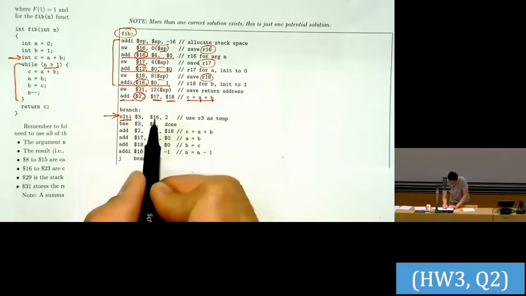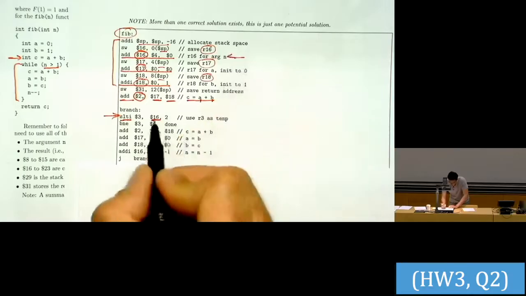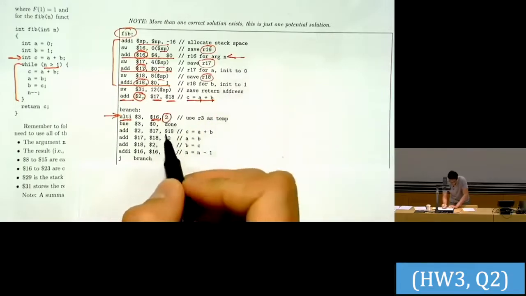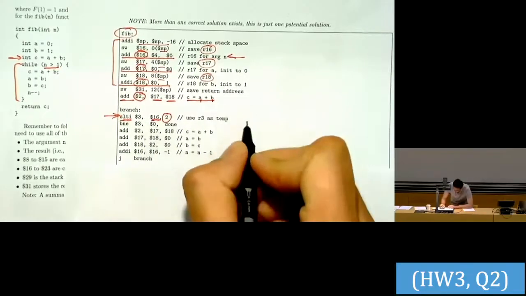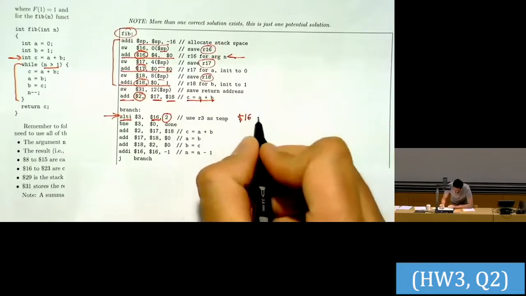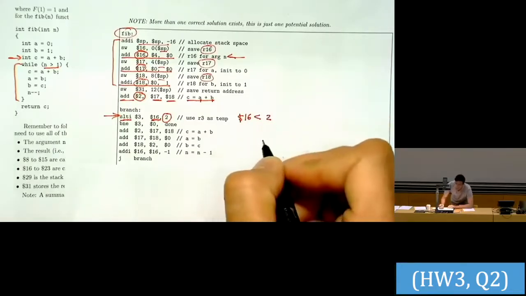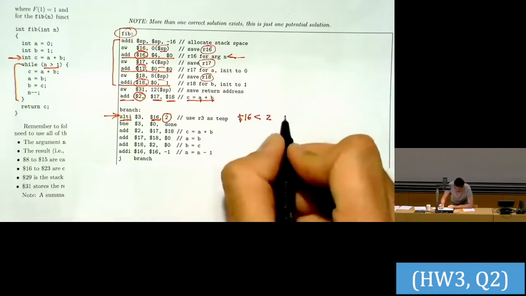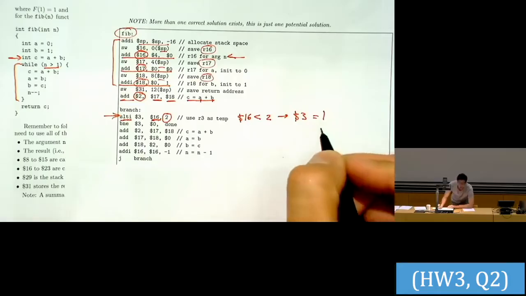We compare register 16 that contains n to 2, and if register 16 is less than 2, then register 3 will be equal to 1, right?